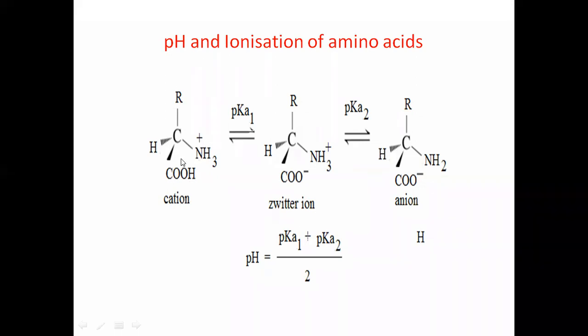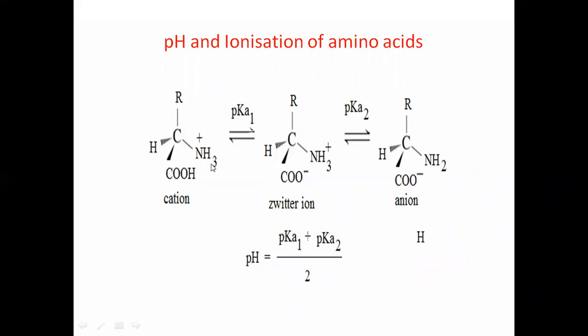Here, this is the ion where both acid and amino group are ionized. See, NH3 plus is there, COO minus is there. Normal amino acid will be like this: R, C connected to R, H, COOH, NH2. That is the normal unionized amino acid.